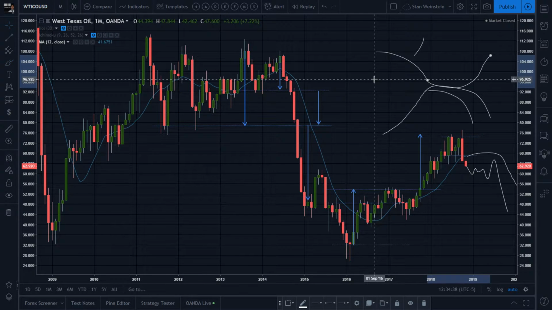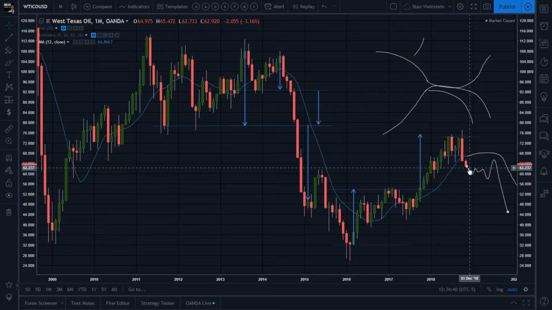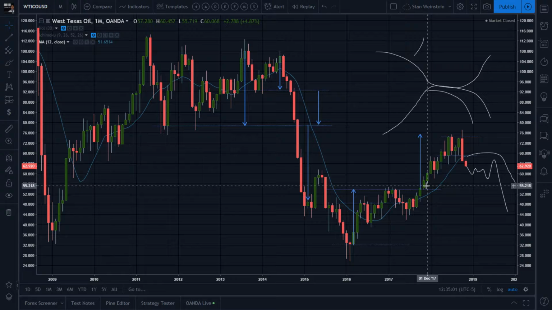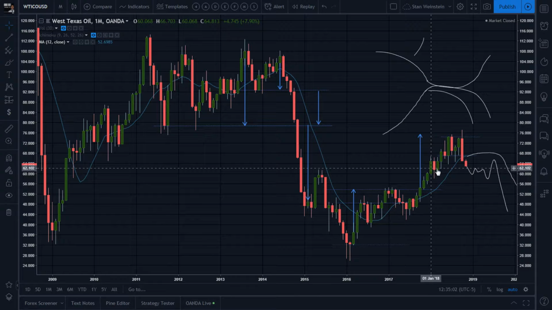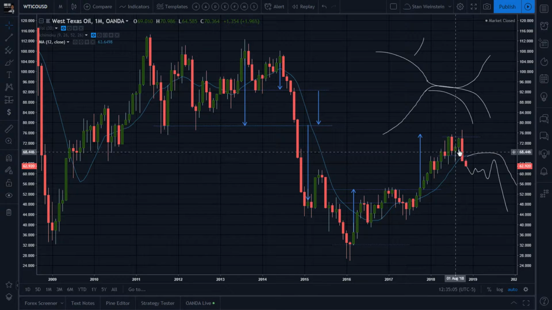And look at these nice drawings. Okay, we're below the 12-month moving average. It's not angling down yet. On the weekly, we're probably going to get some details to see if it's starting to be stage 4 territory. I think it's probably going to be, or at least stage 3, early stage 4. But how long did that bull run last? 1, 2, 3, 4, 5, 6, 7, 8, 9, 10, 11.